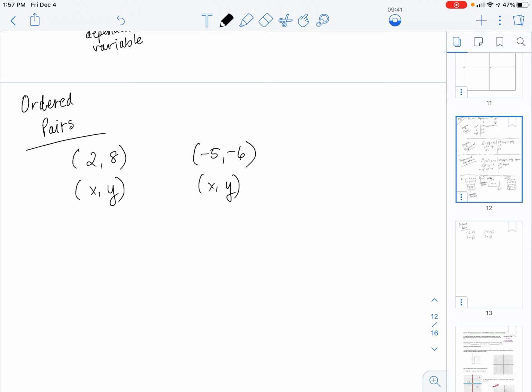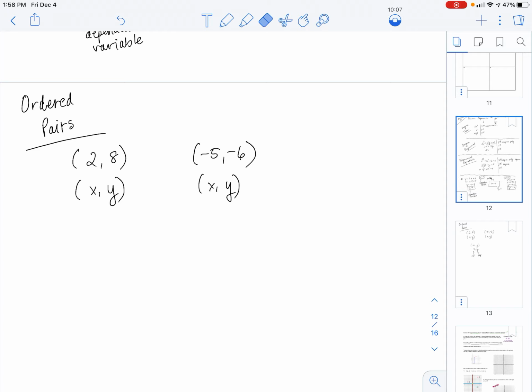Sometimes people, and I've never seen this, but Saxon makes mention of it, so I'm going to mention it in case we should ever see it again. You can name these variables whatever you want, but the understanding must always be that the first variable is x and the second variable is y. So this is your independent variable, and this is your dependent variable. And when you graph them on a coordinate plane, they're going to be in that order as well.